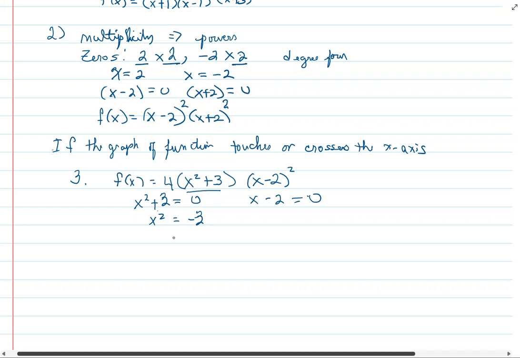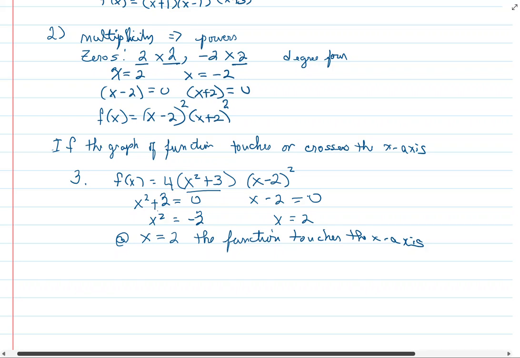Therefore, it does not cross. It is somewhere in the stratosphere. But this one will. So at x equals 2, the function touches the x-axis. All right? I think that's how they wrote it, something similar.